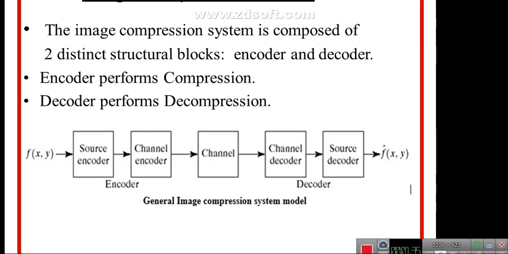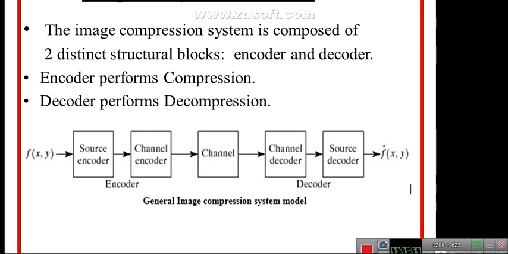The original image is encoded, and after that it is transmitted through the channel. On the receiver side the decoder is there, with the channel decoder and source decoder. The same reverse process is performed on the decoder side.